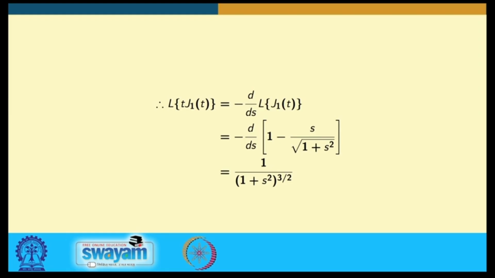Fine. So, this is equal to the Laplace transform of J 1 of t. One root over is missing: in the second last line, 1 minus s by root over 1 plus s square will be there, and the value will be this.